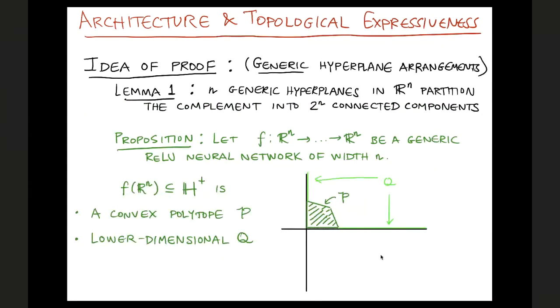Here's an example of what I mean. You can prove by induction that as long as the width of the layers doesn't increase, you're going to get this convex polytope and then some possibly lower dimensional stuff.